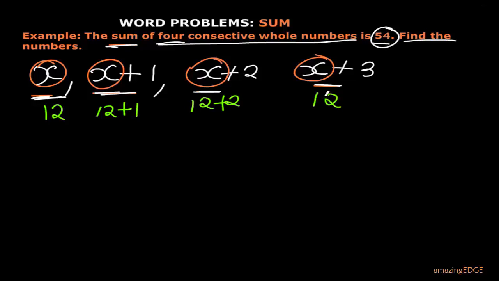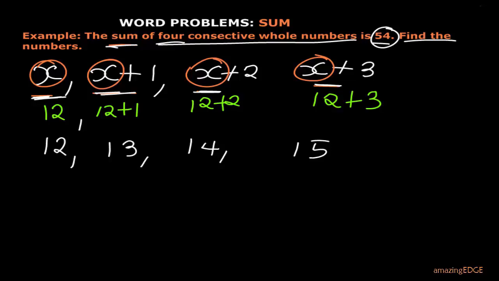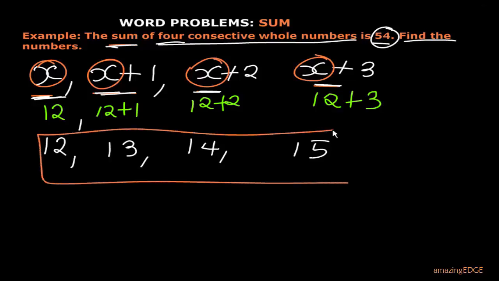Here you have 12 plus 3. So when you add up, here is 12. Here, 12 plus 1 will give us 13. 12 plus 2 will give us 14. 12 plus 3 will give us 15. So the 4 consecutive numbers we are looking for are simply these 4 numbers: 12, 13, 14, and 15. And that's what we have.